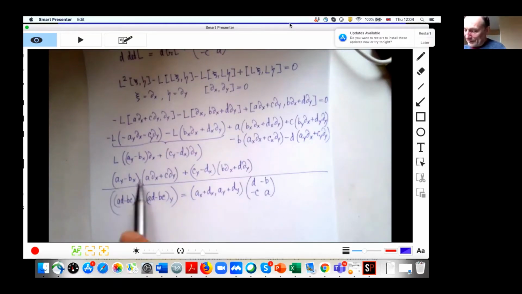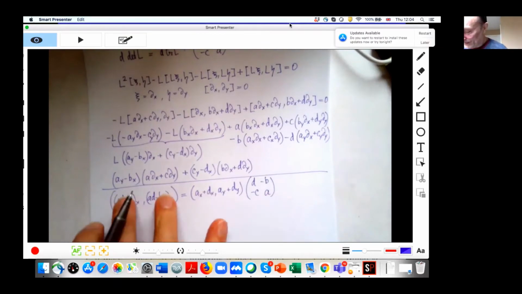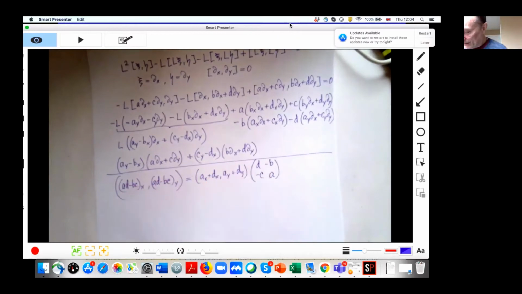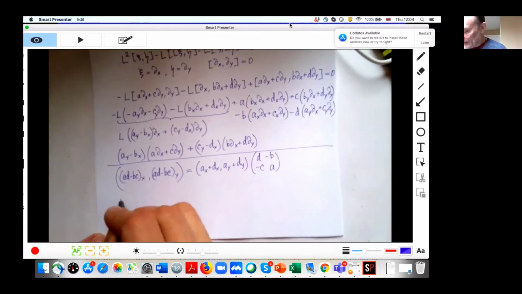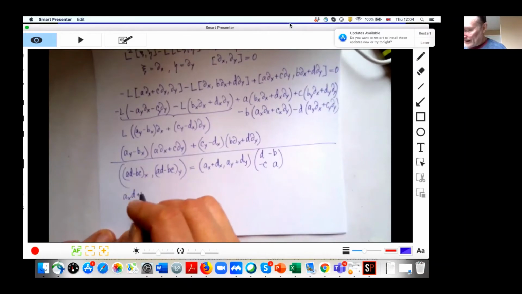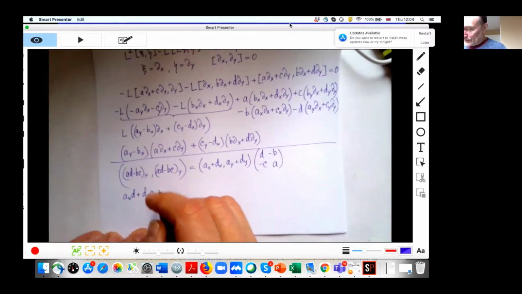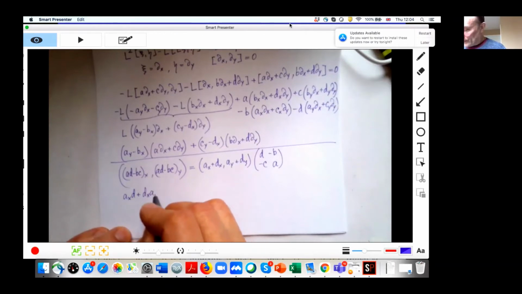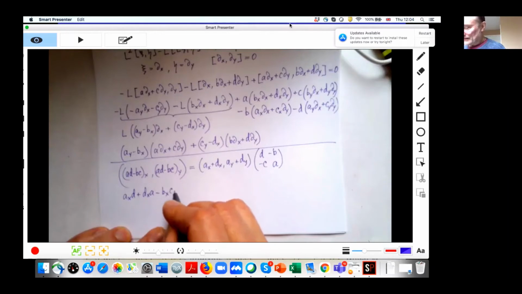For the first component of the row vector in the right hand side and in the left hand side, here I will have axd plus dxa minus bxc minus cxb.